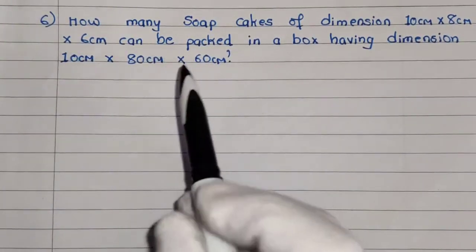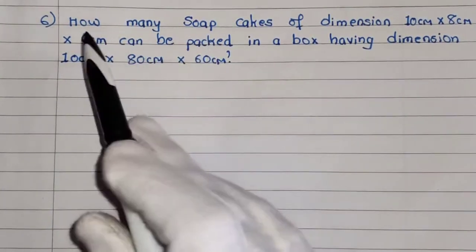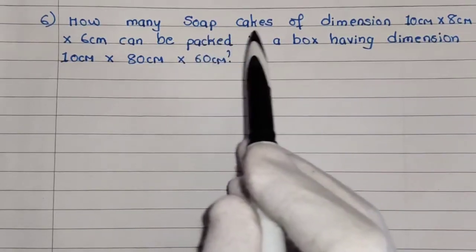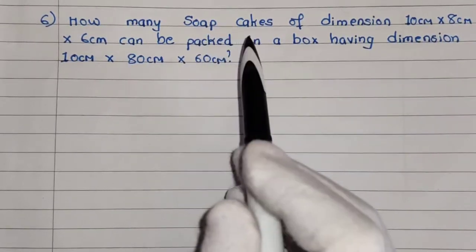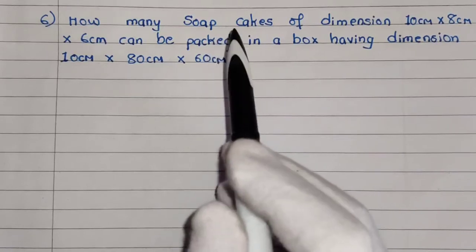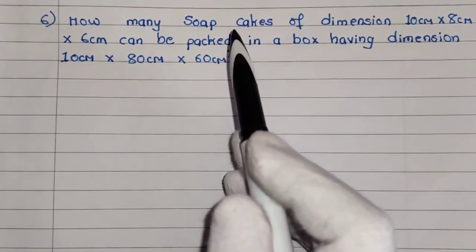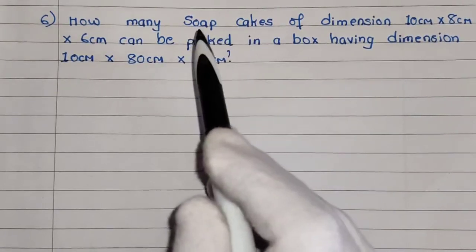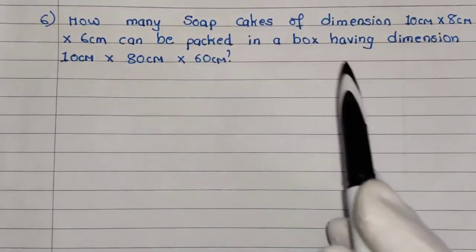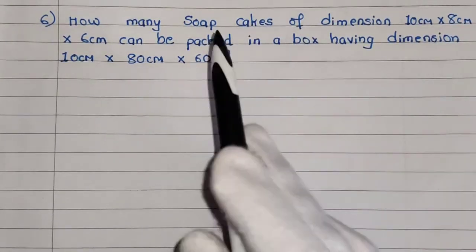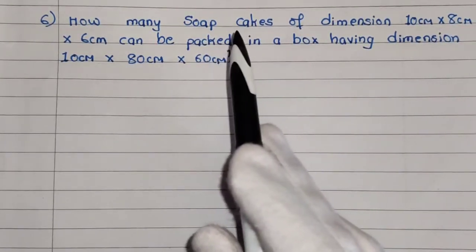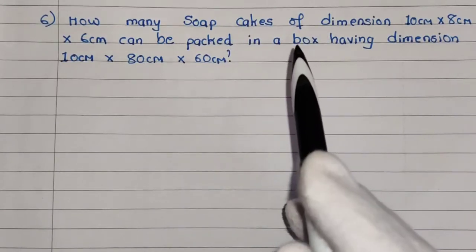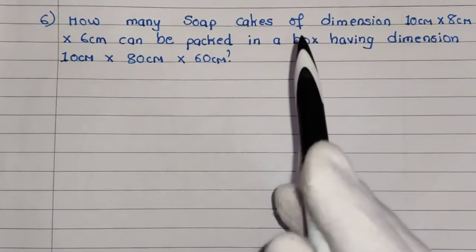Now, two things are there. One is soap cakes. You know what are soap cakes? Actually soap bars. The soap which we use for washing the clothes or for washing the utensils are called soap cakes. And this is a box in which numbers of soap cakes are going to be packed and accumulated in one big box.